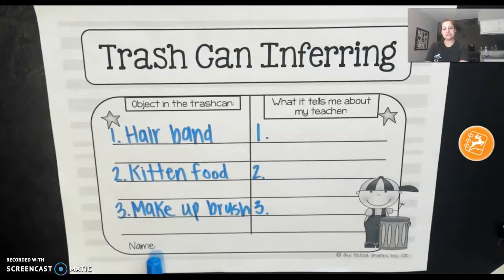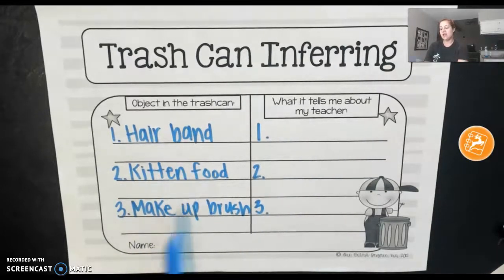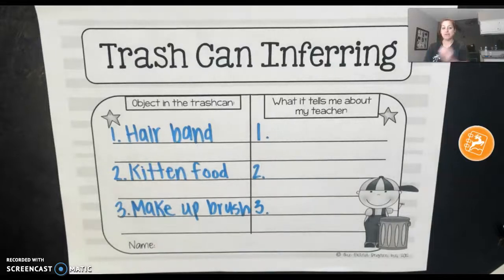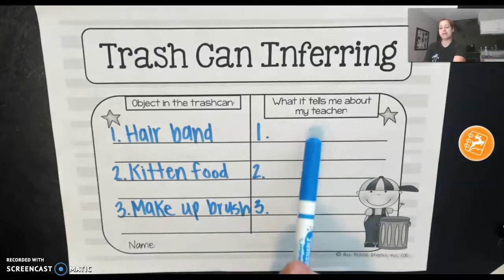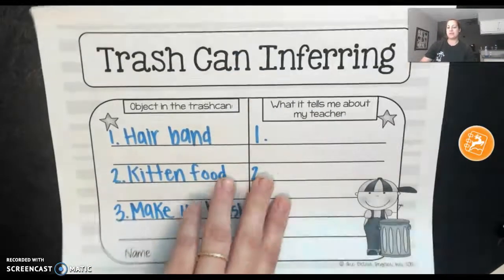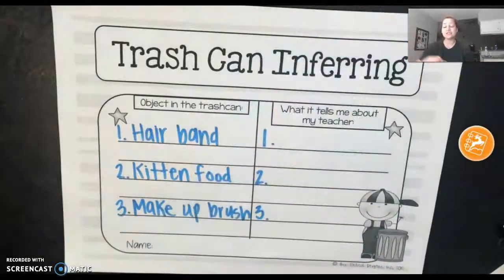I wrote the objects for you. You are going to write 1, 2, 3, and you're going to write the inference that you made for each of these objects. These are your clues. Use the schema that you know about those objects and you know about me to make an inference for why I have them.